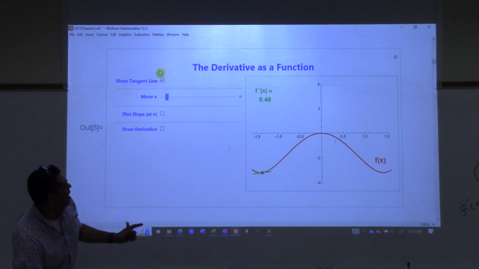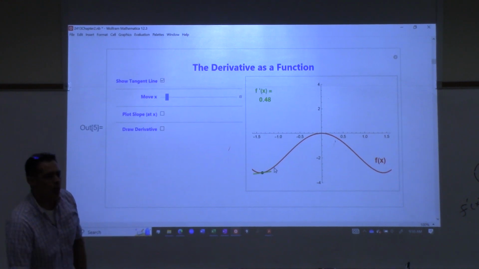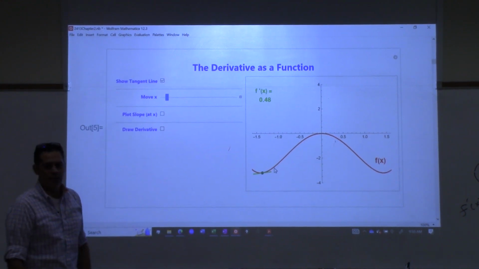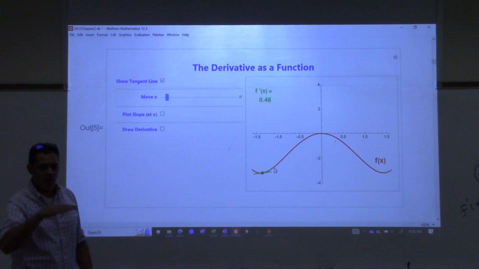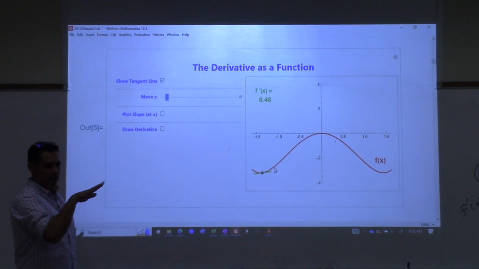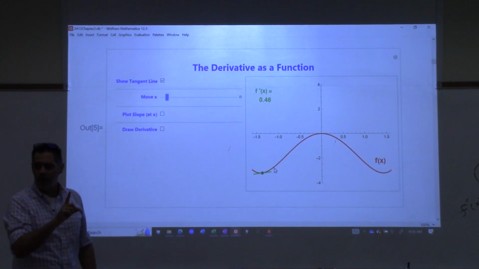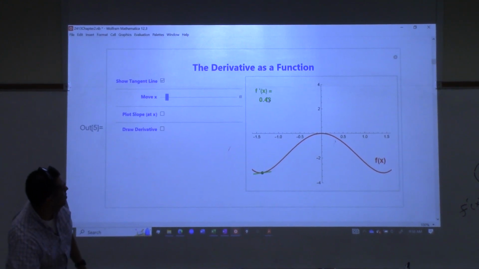If I move to the right, what's going to happen to that value? Is it still positive? Is it a bigger number or a smaller number? Is the slope going to get steeper? Steeper means a bigger number. So watch what happens to this number as it moves to the right. Look, it's getting bigger because it's getting steeper.